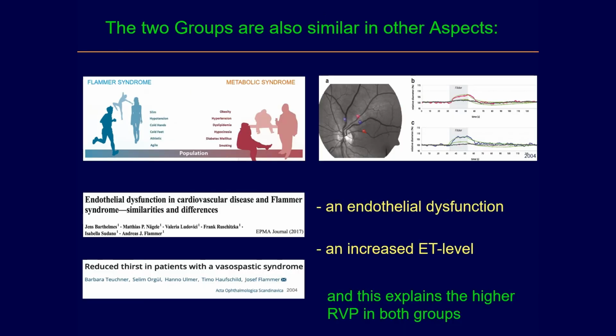Both groups discussed here share two other common characteristics, namely a tendency towards endothelial dysfunction, as shown in DVA, and elevated endothelin levels. This explains why both groups tend to have an increased retinal venous pressure.